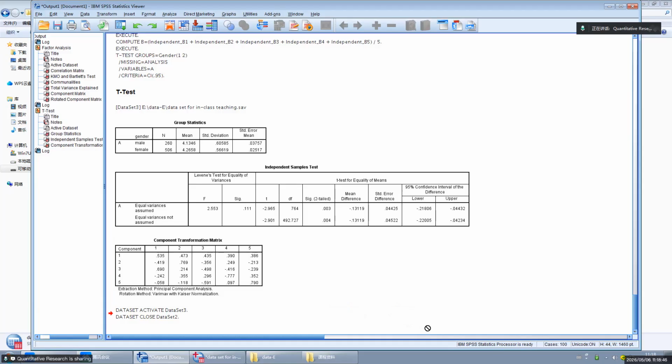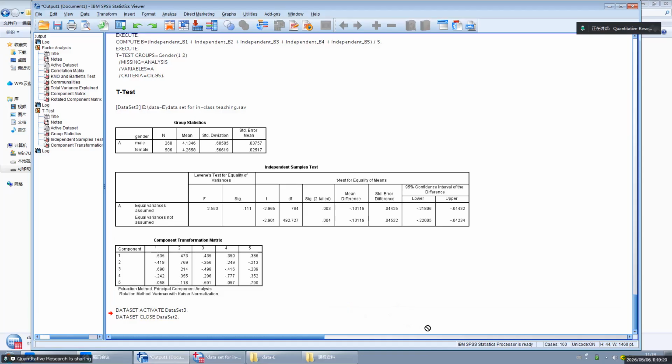So is our data analysis completed? No, I merely focus on A. Now we are investigating gender difference in A. I know there is a significant difference between boys and girls.